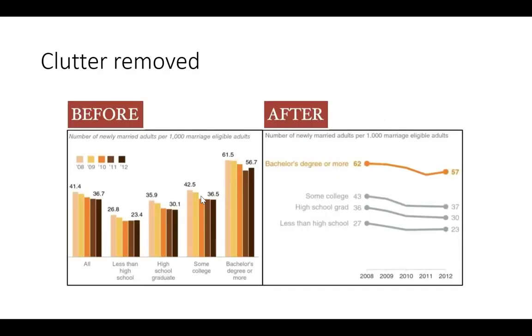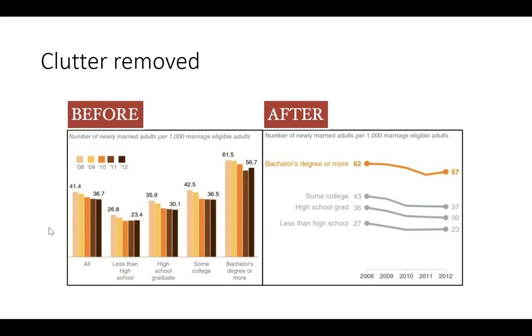One graph shows in some college marks results. No, this is less than high school, high school graduates, number of newly married adults per 1,000 marriage eligible adults. So combined is this much, less than high school qualified.